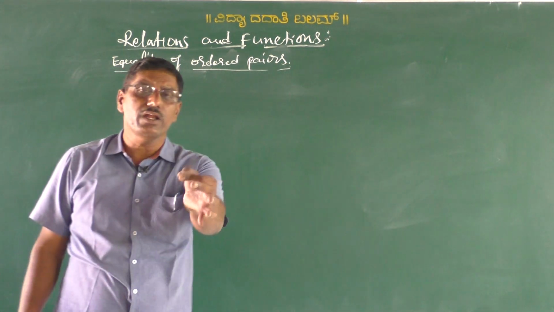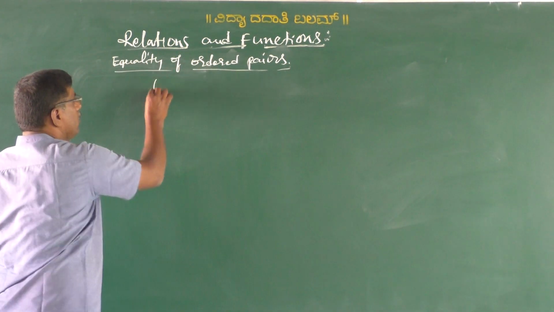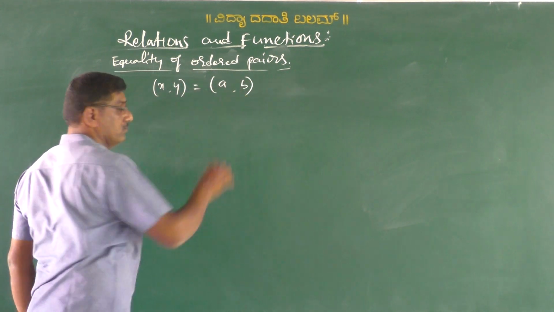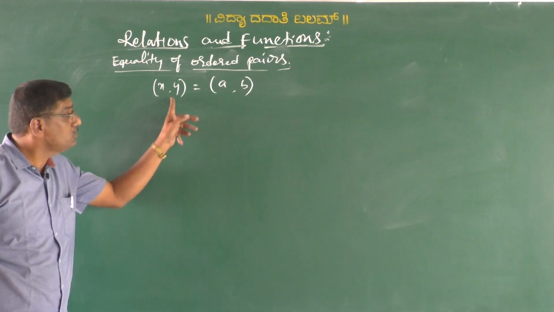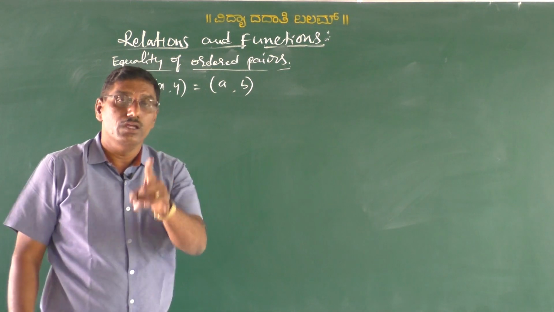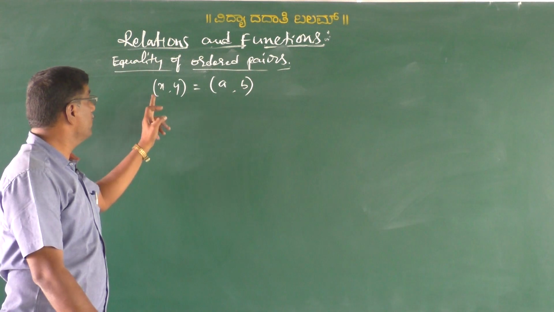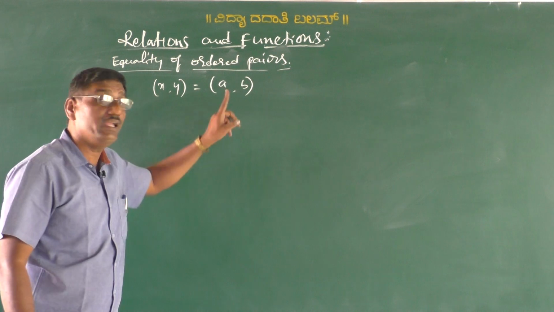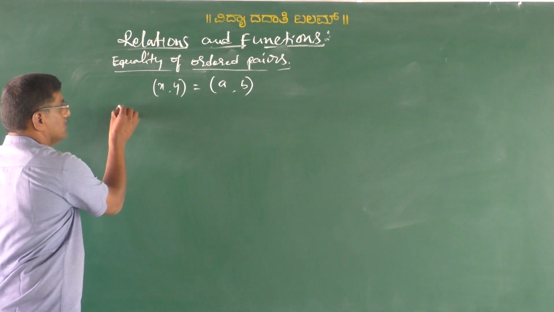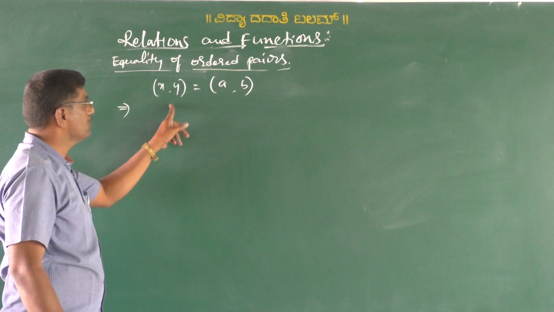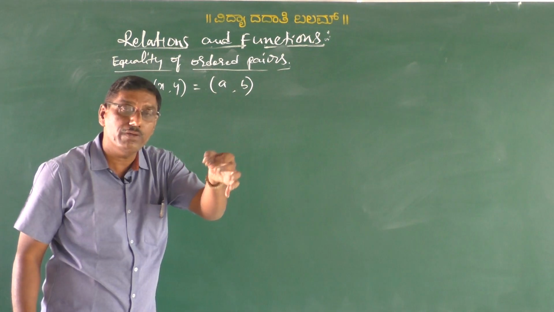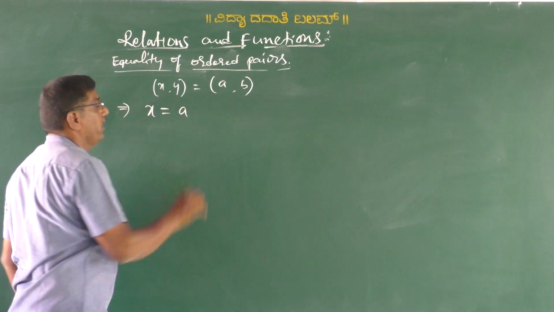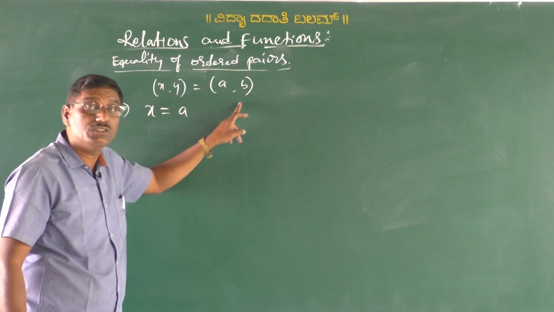If two ordered pairs are equal, that is ordered pair (x, y) is equal to ordered pair (a, b), we say these two ordered pairs are equal if and only if their corresponding elements are equal. That means ordered pair (x, y) is equal to ordered pair (a, b) if and only if x is equal to a, that is, the corresponding elements are equal.